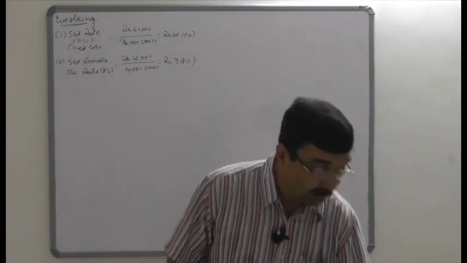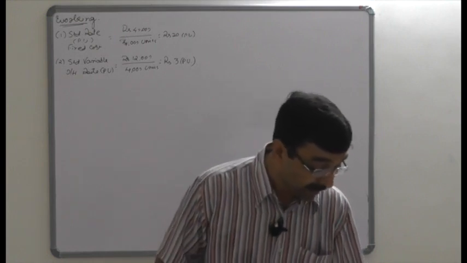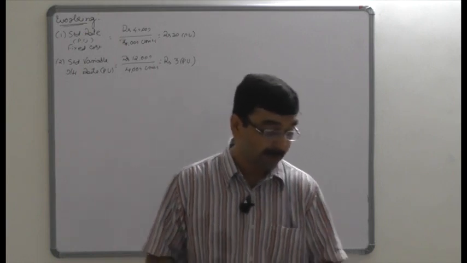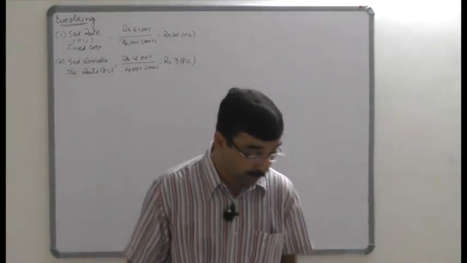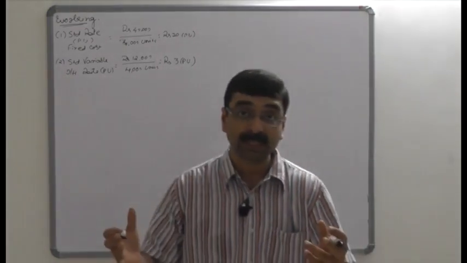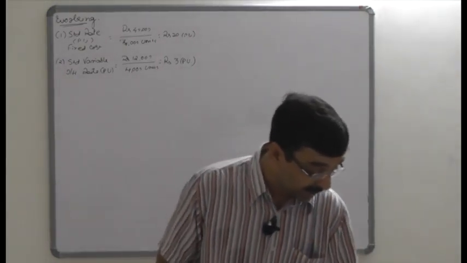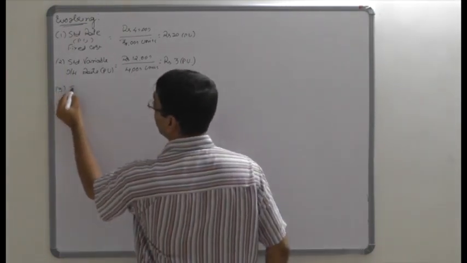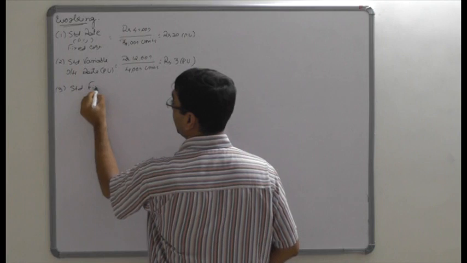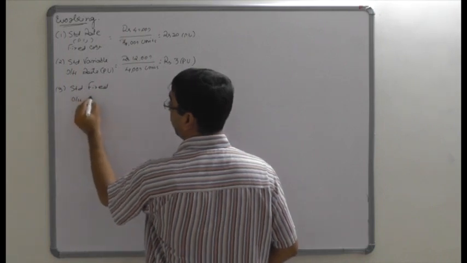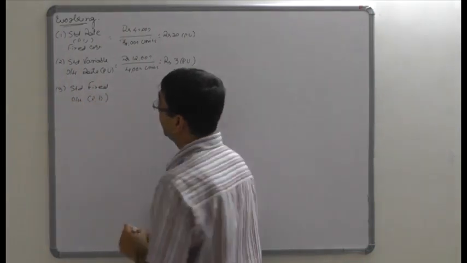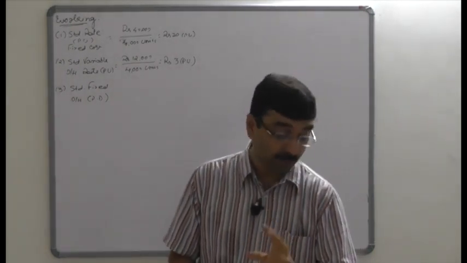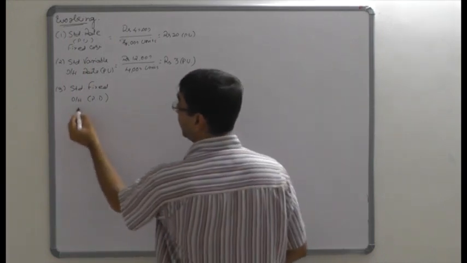Next is standard fixed overhead per day. Why is standard fixed overhead per day required? Because we need to calculate standard fixed overheads for the particular expenses. How much total standard expense is incurred per day? That's why we first find out standard fixed overhead per day. You can identify it on the basis of units.